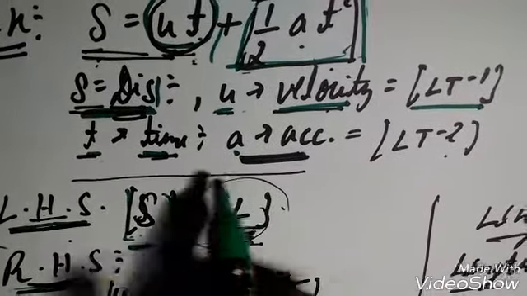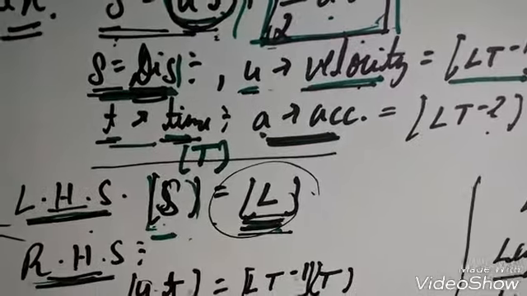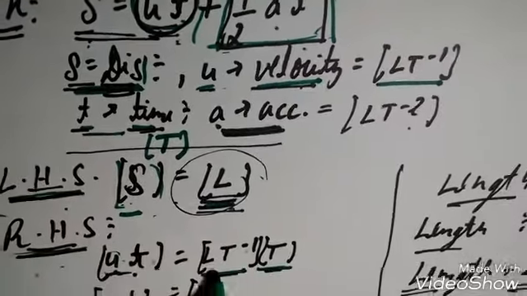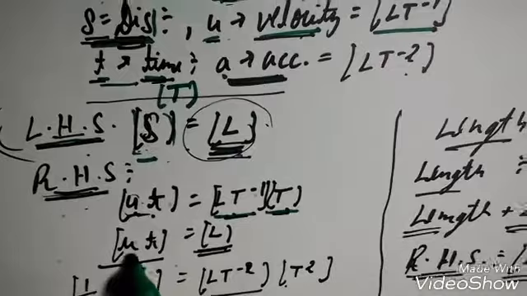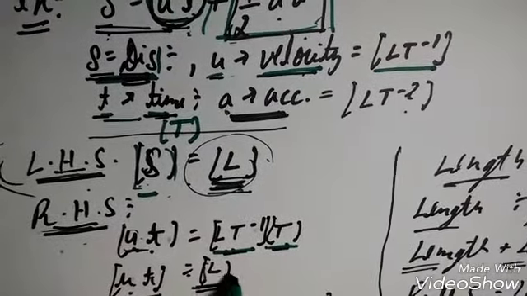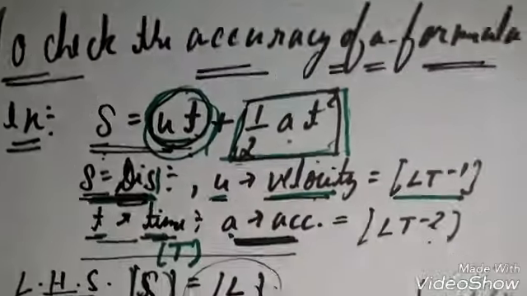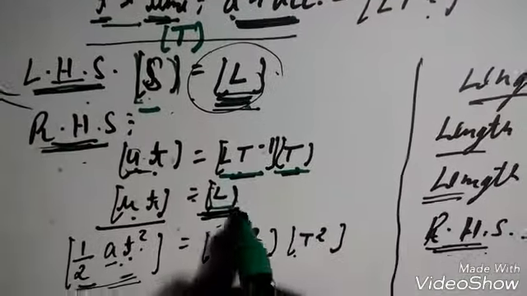Small t is time here. It has a dimensional formula of capital T. If LT minus 1 is multiplied by capital T, then ut, if both are multiplied, will result in a dimension of L. Fine. Means this term has a dimension of L.